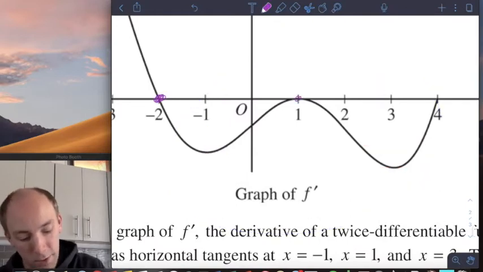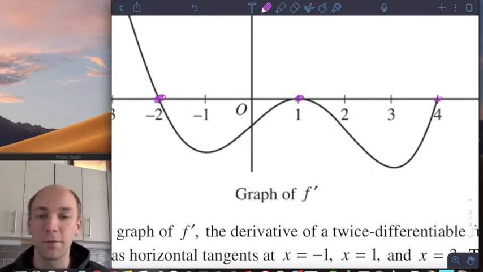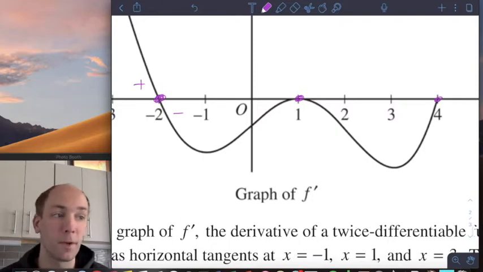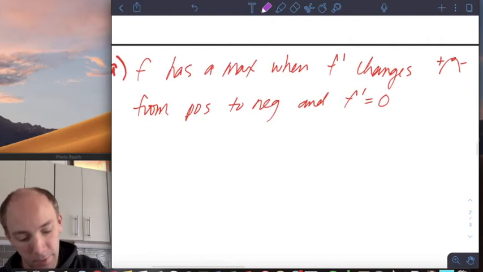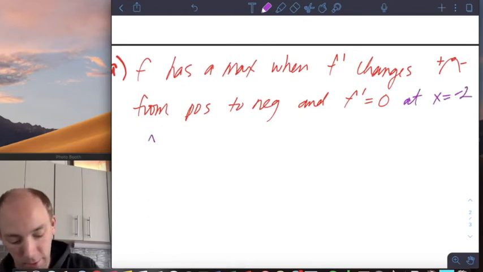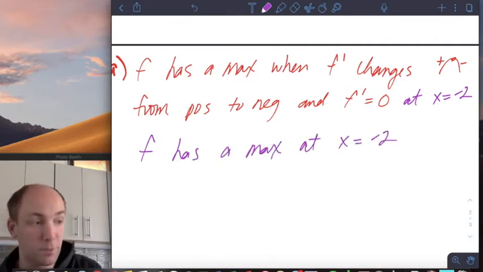It's equal to 0 at these 3 points, but it only changes from positive to negative at x equals -2. So f has a max at x equals -2.